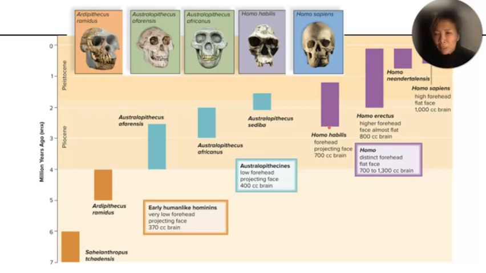And as the brain develops, we actually see a lot of other behavioral traits, right? We start seeing the tools get a little more complex. This ability to not only use stone tools, but now be able to make fire. And then as we progress through more evolution, we start seeing speech and communication develop.